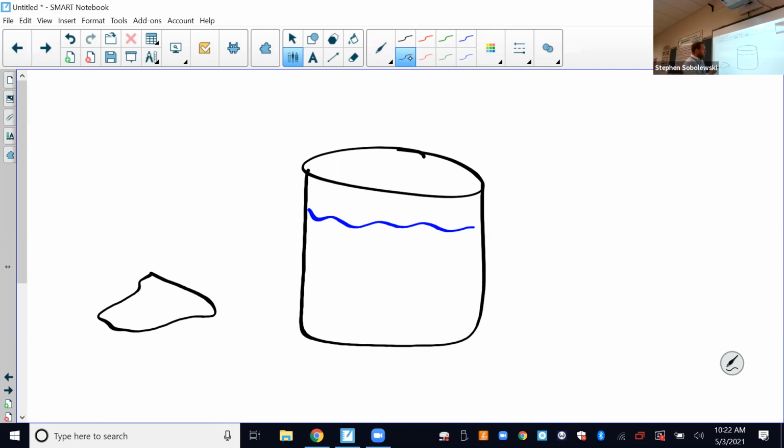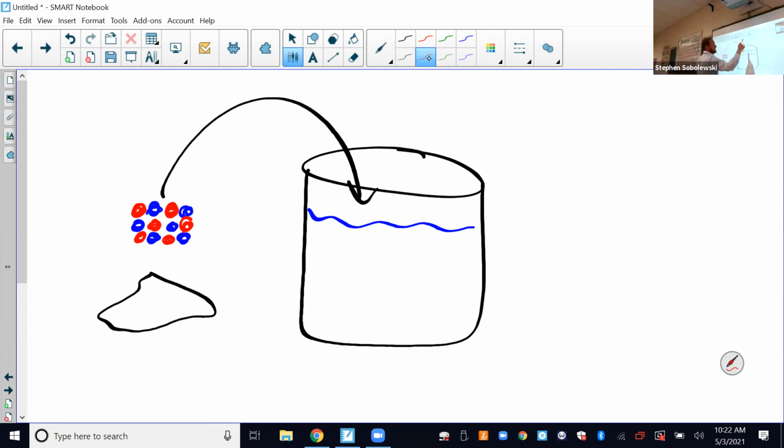If you were to really look at that, it would look something like, and not literally like this, if we're doing NaCl, Na bonded to Cl, bonded to Na, bonded to Cl. And this will repeat in all three dimensions over and over again. If that were to go in the water, it would split into ions.